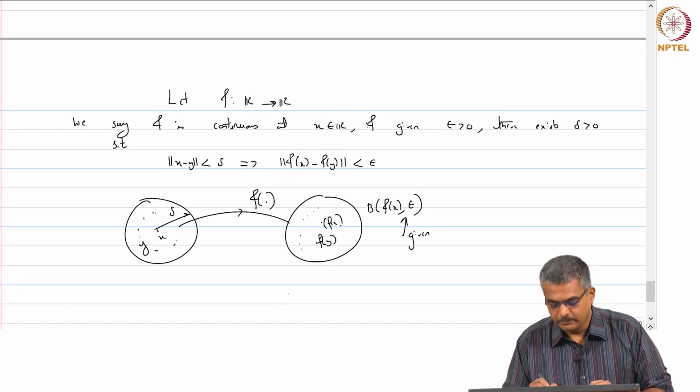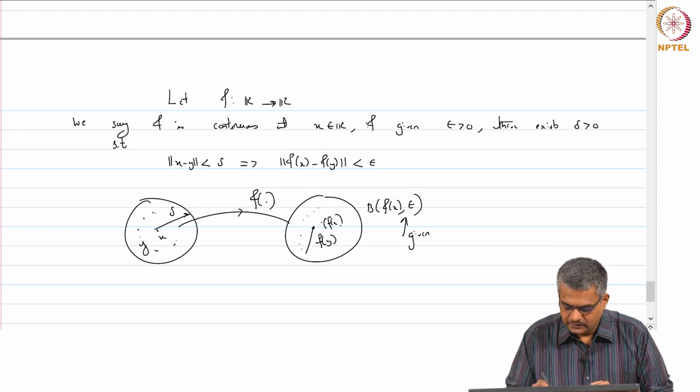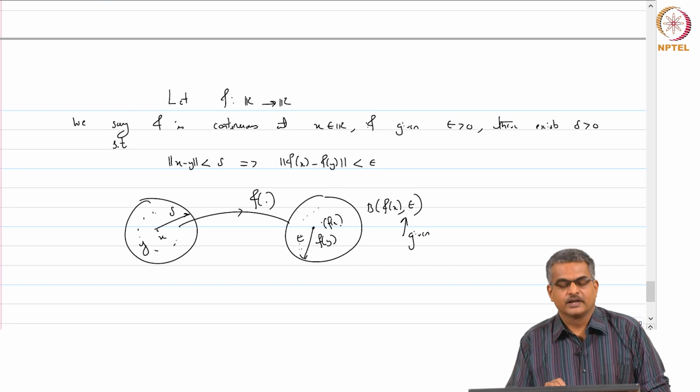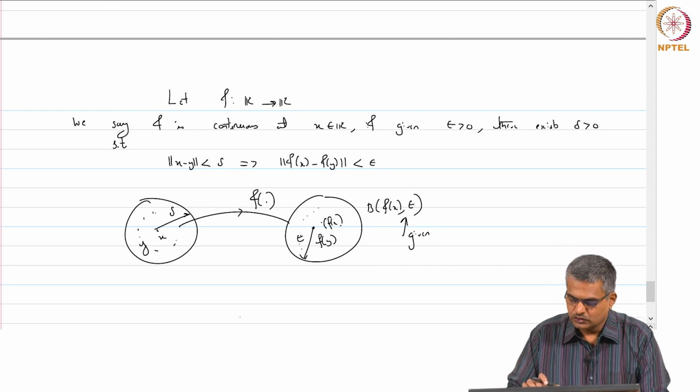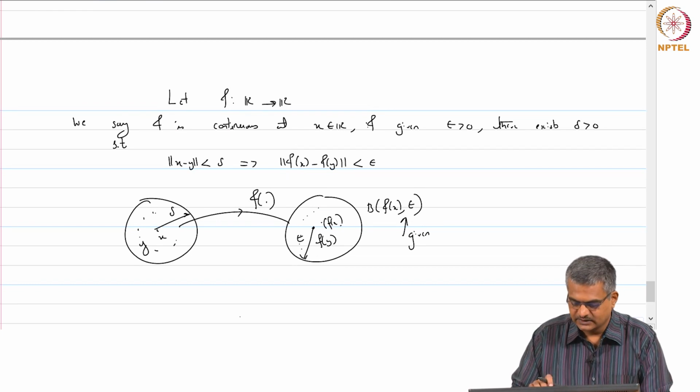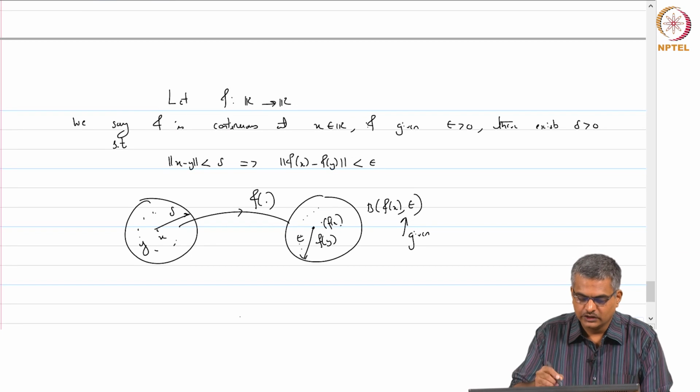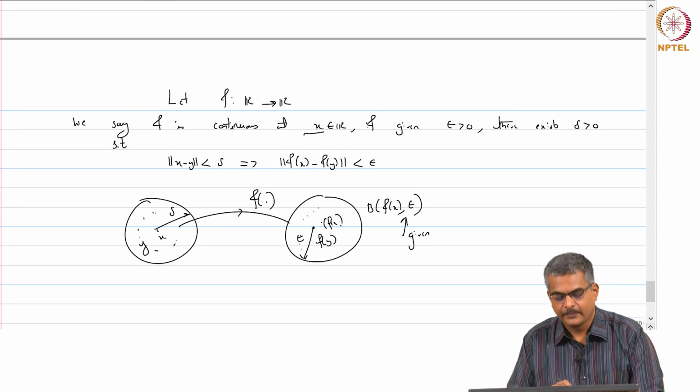And how do they map? Well, they all lie in a ball with center as f of x and radius as epsilon. So, if you can show for any epsilon that is thrown at you, if you can find a delta such that this inequality holds, then f is said to be continuous at x.